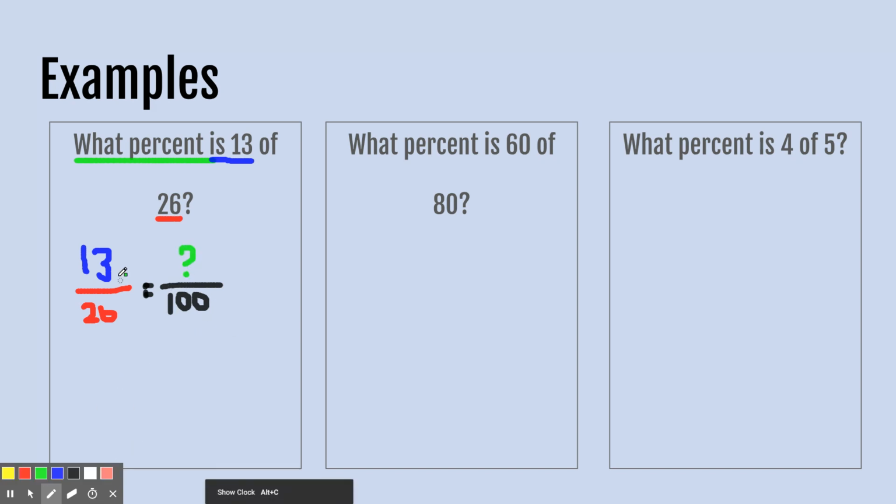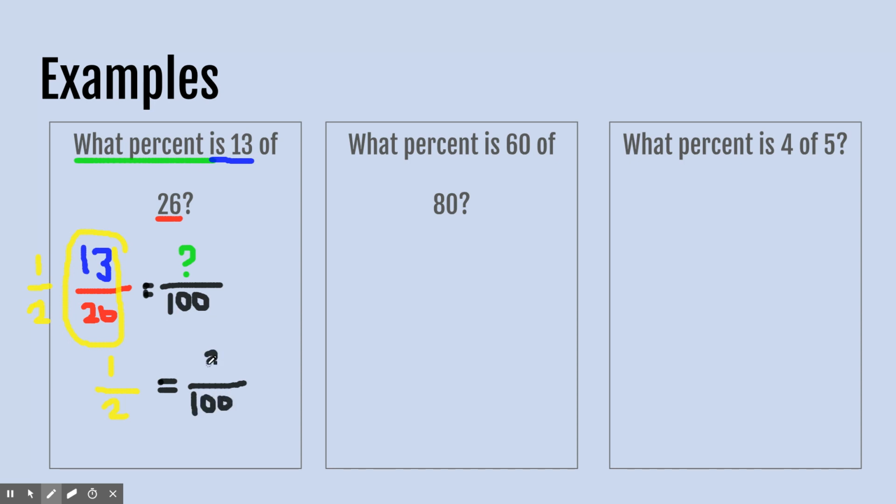I could simplify this down, because right now, 26 to 100, I can't multiply by a whole number to get there. So let's simplify, and 13 over 26 actually simplifies to 1/2 because 26 is divisible by 13. So 13 times 2 is 26, so this would simplify to 1/2. So if I set 1/2 equal to d over 100, some of you might already say, oh, I know 1/2 as a percent, that should be 50.